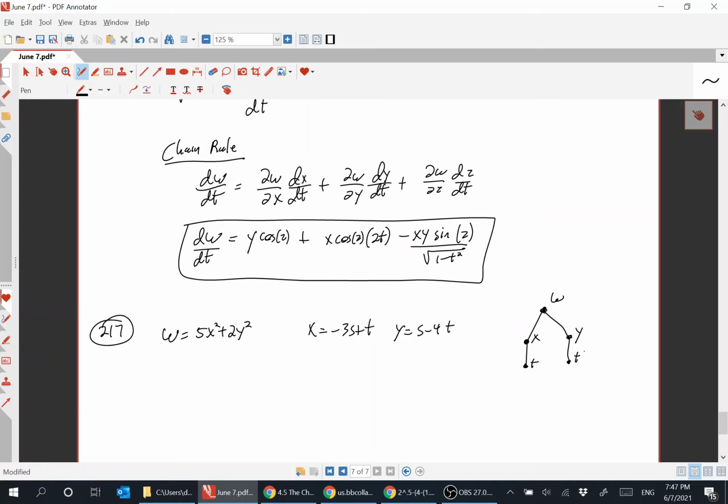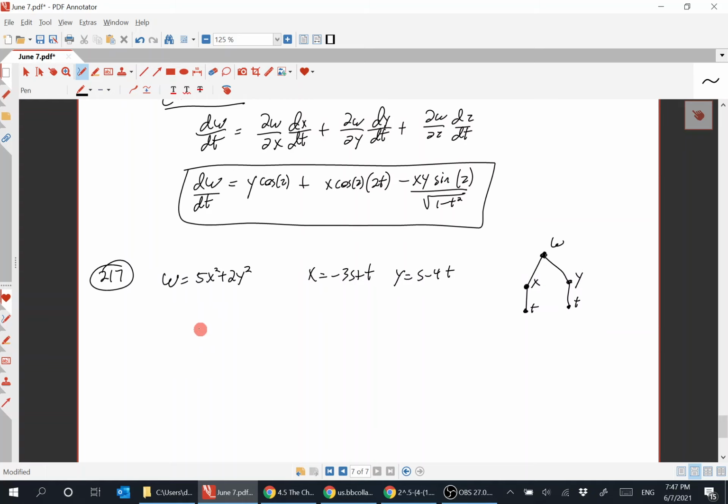Right, so chain rule says, find dw/dt, the ordinary derivative. So dw/dt is, by the chain rule, all the paths from w to t. So that's partial w with respect to x, and then dx/dt, right? It's from w to x to t.